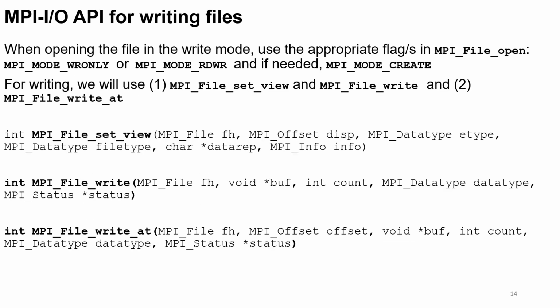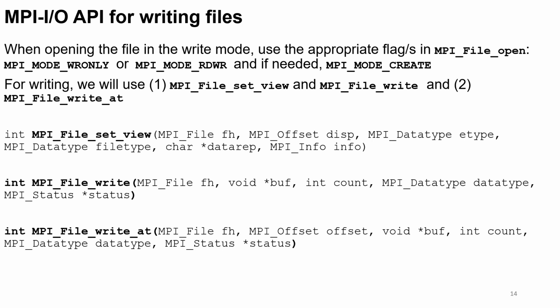Just like we have a wide variety of MPI functions available for reading data from files, we have a similar range of functions available for writing data to files as well. When we open the file in the write mode, we have to remember to pass appropriate flags to the MPI_File_open call.